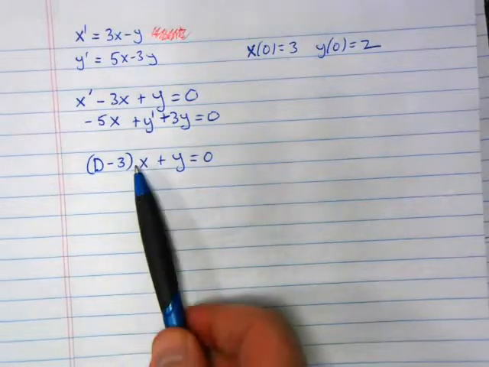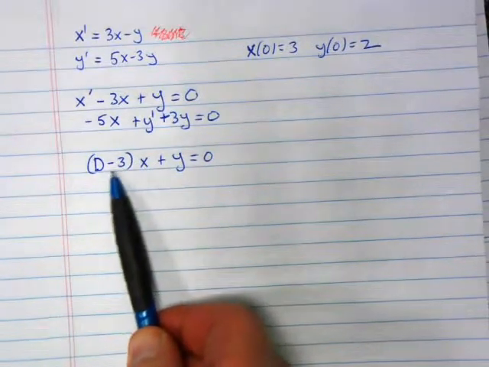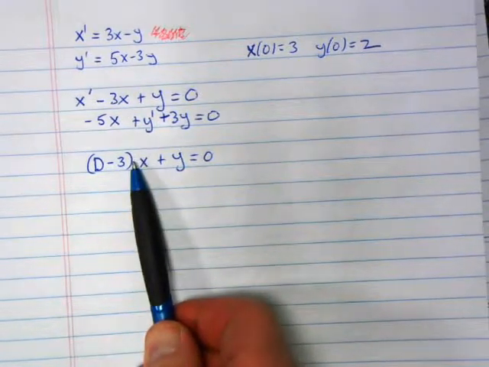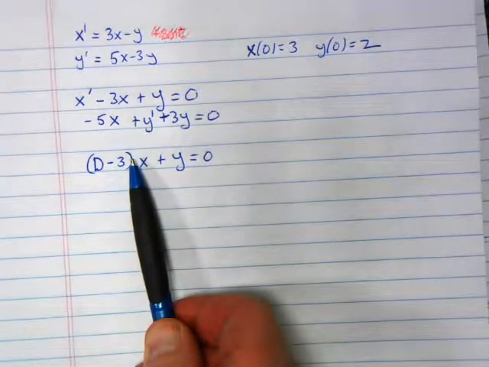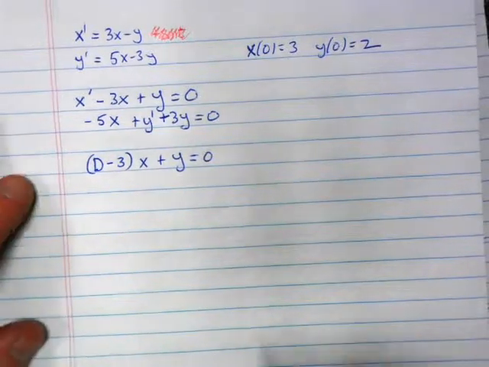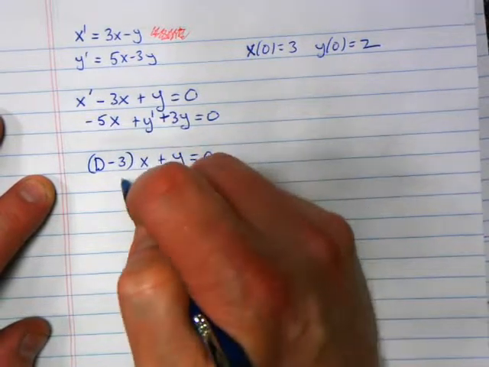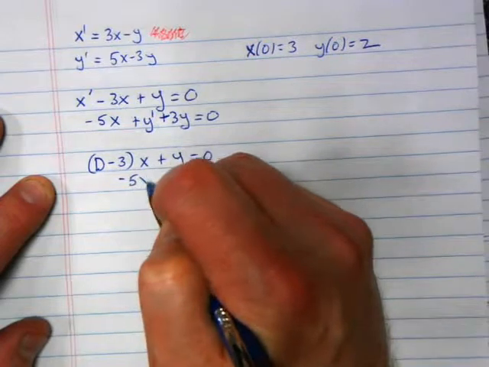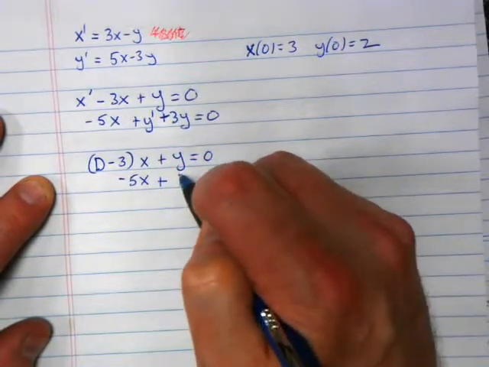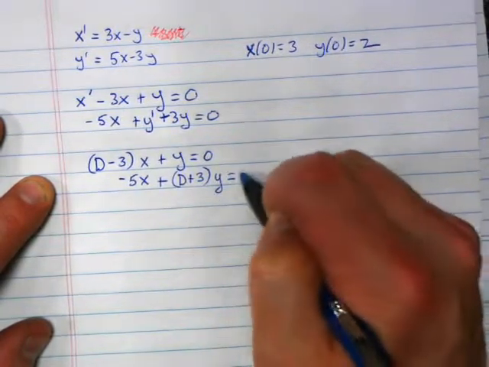So if I were to take this x and distribute it through where d means derivative, I would get derivative of x, which would be x prime, minus 3x. Why did I do it? Well, you will see in a minute here. So what would the second one be? The second one would be negative 5x plus d plus 3y equals 0.